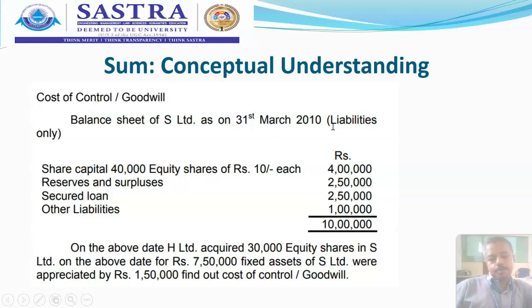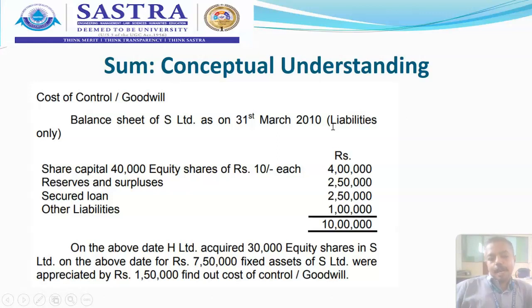Now, what is the share in capital profit? They say there is an appreciation of fixed assets of 1,50,000. When acquiring, these fixed assets have been realized at an appreciation. They have increased by 1,50,000.